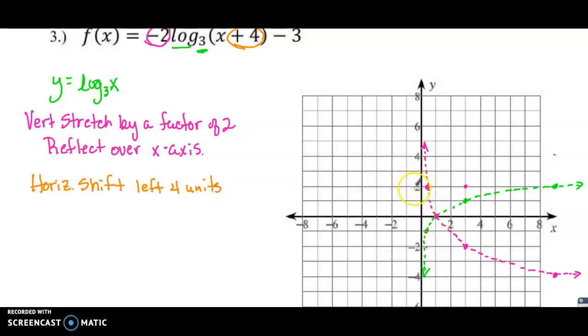So each point will go 1, 2, 3, 4 units. Notice also that the vertical asymptote shifts over 4 units, so I actually have a vertical asymptote here. I could draw that in. This is a dashed line because we're not at the end.